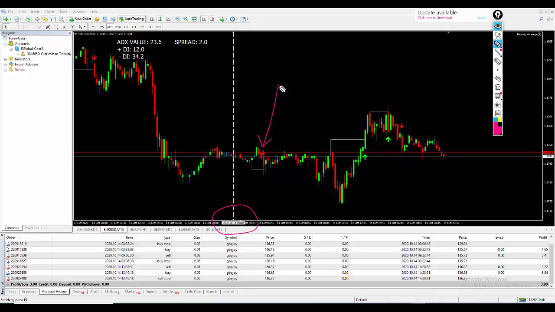But if you look at it, you can see the candle doesn't close below the support. That means this support is still holding, so I couldn't trade.